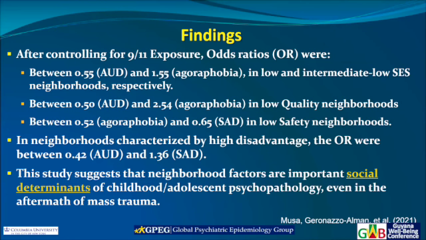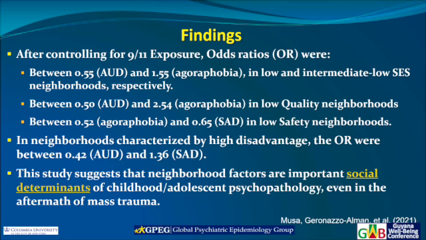When you combine all the measures of SES and quality and safety into one measure of neighborhood disadvantage, we found a similar pattern: alcohol use disorder was protective in the low disadvantaged neighborhoods, and in the high disadvantaged neighborhoods, 1.36 or a risk factor for separation anxiety disorder.